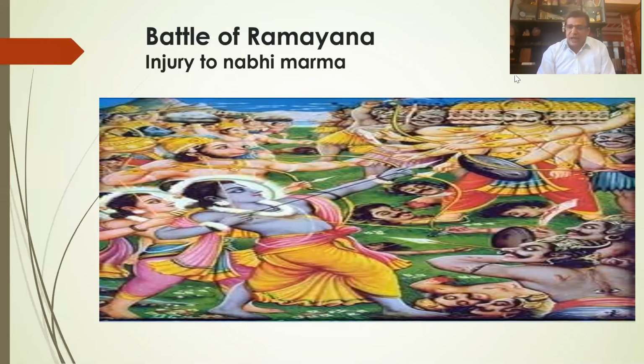You all know that the demise of Lankadhipati Ravana was due to the injury to the Nabhi Marma by Lord Rama, as the arrow directly hit the point where the prana of Ravana resides. This is a reference by which we can understand the importance of Nabhi Marma.